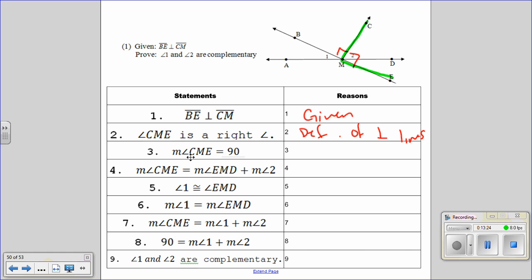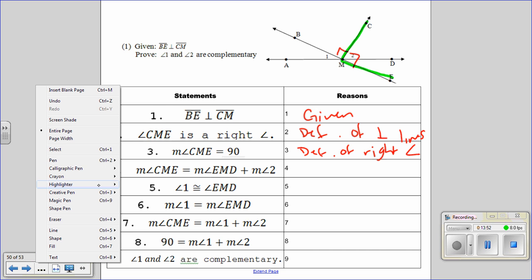Statement 3 says the measure of angle CME will be 90 degrees. Well, that's the definition of a right angle. Then it tells us that the measure of angle CME will equal the measure of EMD, which is, I'll highlight that one for you.